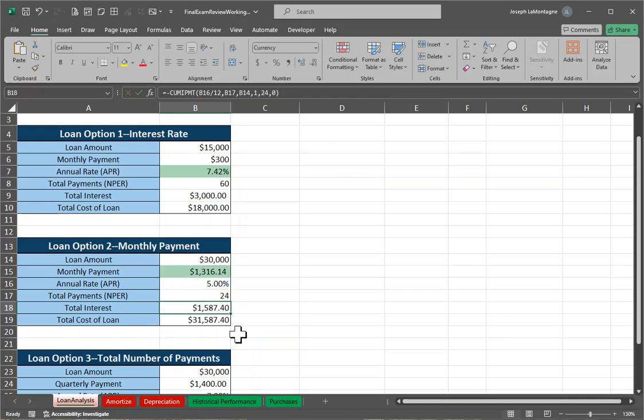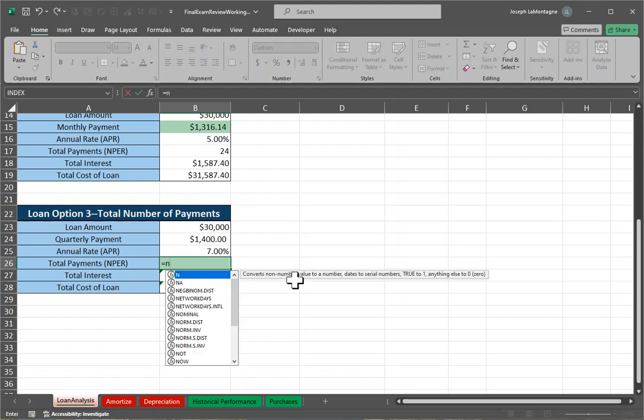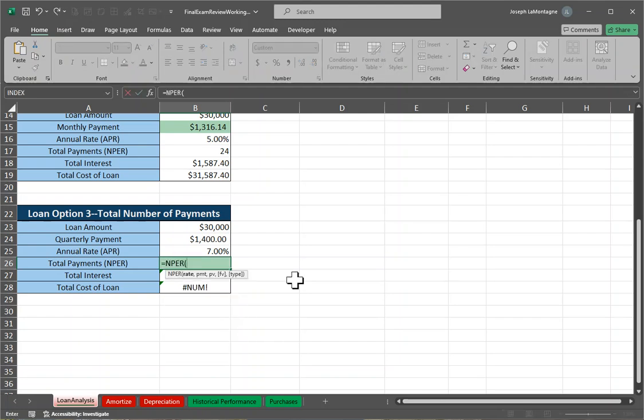Now the last one we can do, you'll notice we have an error here, because we don't have the number of payments. So we're going to calculate that, and that'll be equals NPER, and we will work through the arguments as we've done before. This will be B25 divided by, now here we're going to be careful. When I first did this, I divided by 12, but we have to look over here.